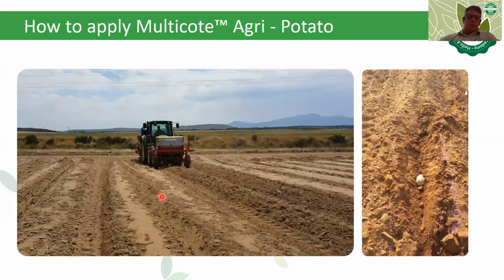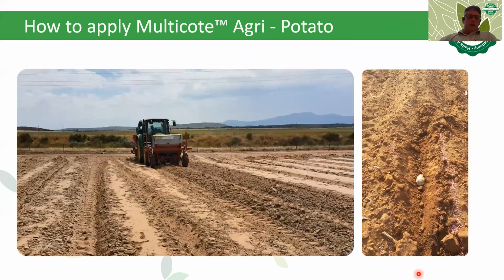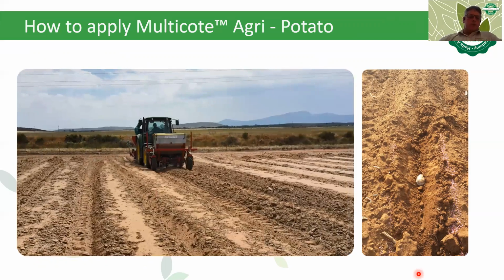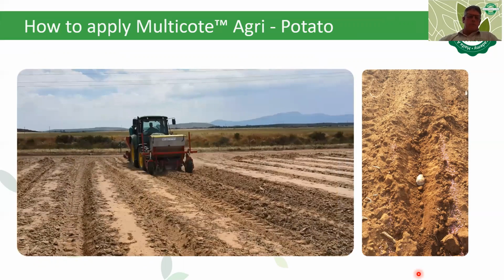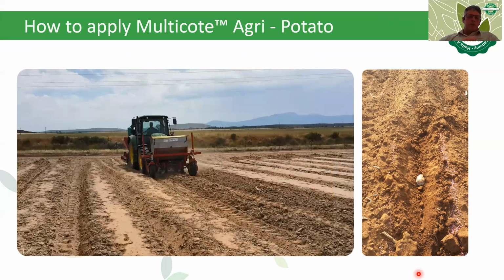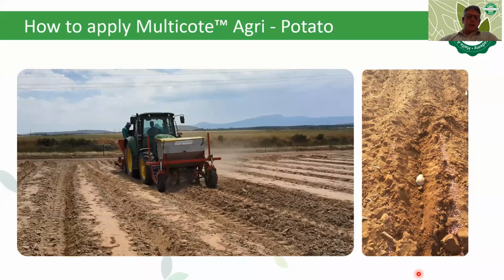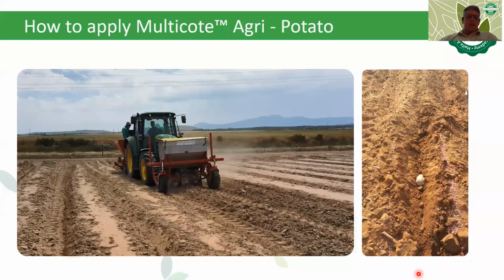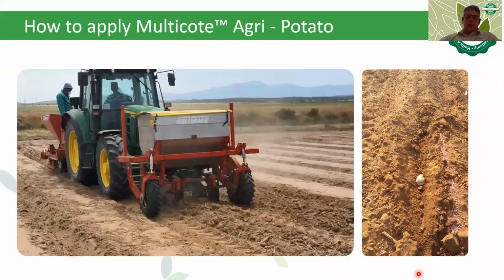Here's just an example of a farmer that, instead of having a planter with fertilizer and potatoes on the back, has put his fertilizer spreader on the front, and that's banding the fertilizer in exactly the same positions as the picture on the right.